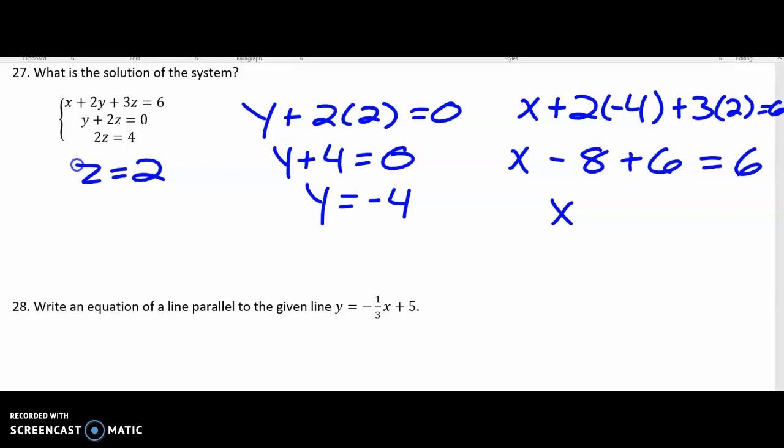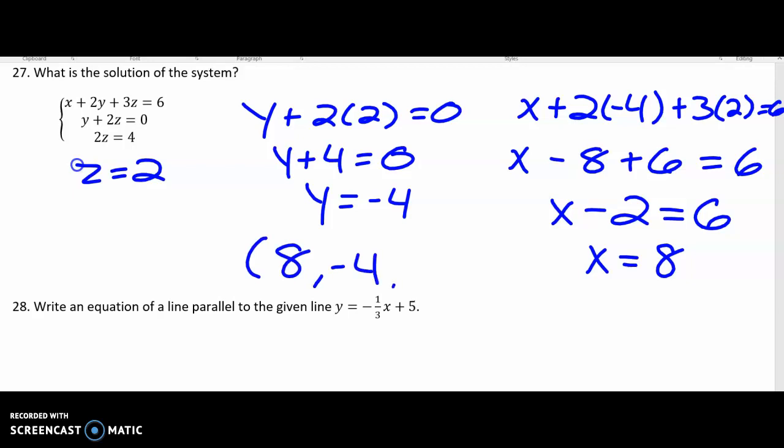Negative 8 plus 6 is going to bring me to a negative 2, and I need to get rid of that negative 2, so I'm going to add it. Gives me 8. The answer here should be written as x, comma, y, comma, z. All right, so there you go.